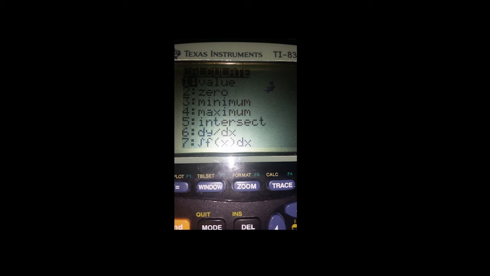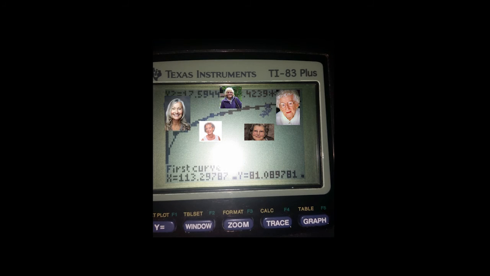What you have to do here is really simple. You have to look at the y, and scroll along the line of the graph until it hits 81, because the y is actually the age, and the x is actually the year. For me, I went from 10 to 100 or something like that.